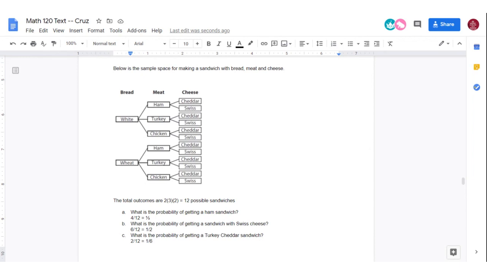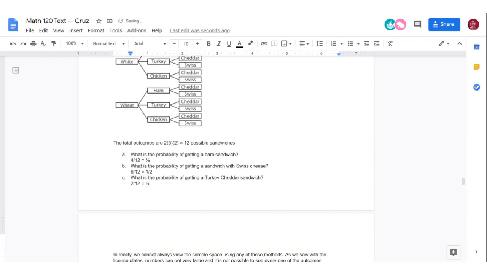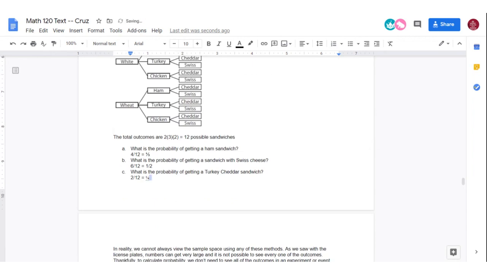Let's make sure. Turkey cheddar. So one turkey cheddar here, one turkey cheddar there. And then if you wanted to do something simple, like, you're trying to at least moderately pretend to be healthy, what is the probability of getting a wheat bread sandwich?